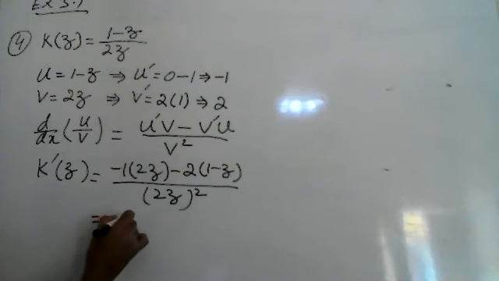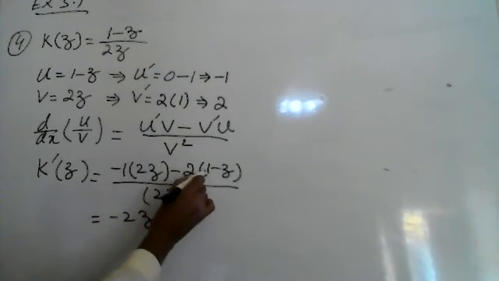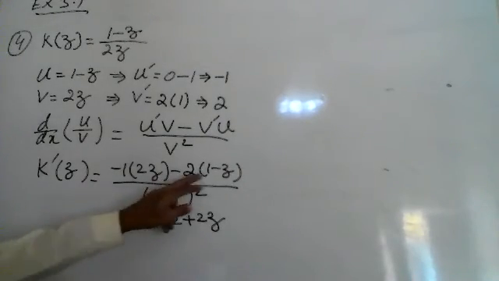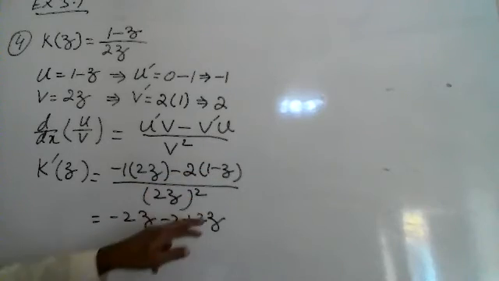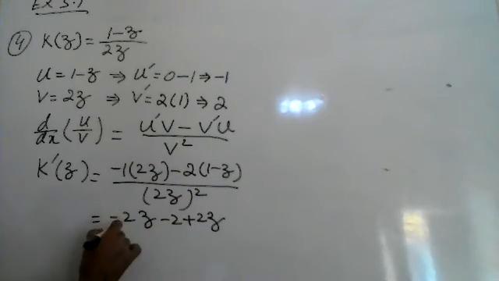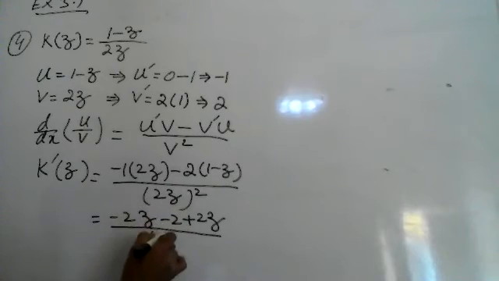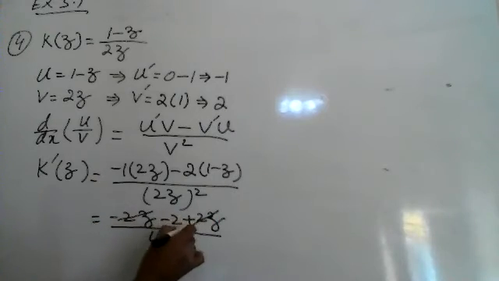It will become minus 2z minus 2 plus 2z. Minus 2 multiplied with 1 will be minus 2. Minus 2 multiplied with minus z will be plus 2z. Upon 2 square will be 4, z square will be z square. Minus 2z and plus 2z cancel.